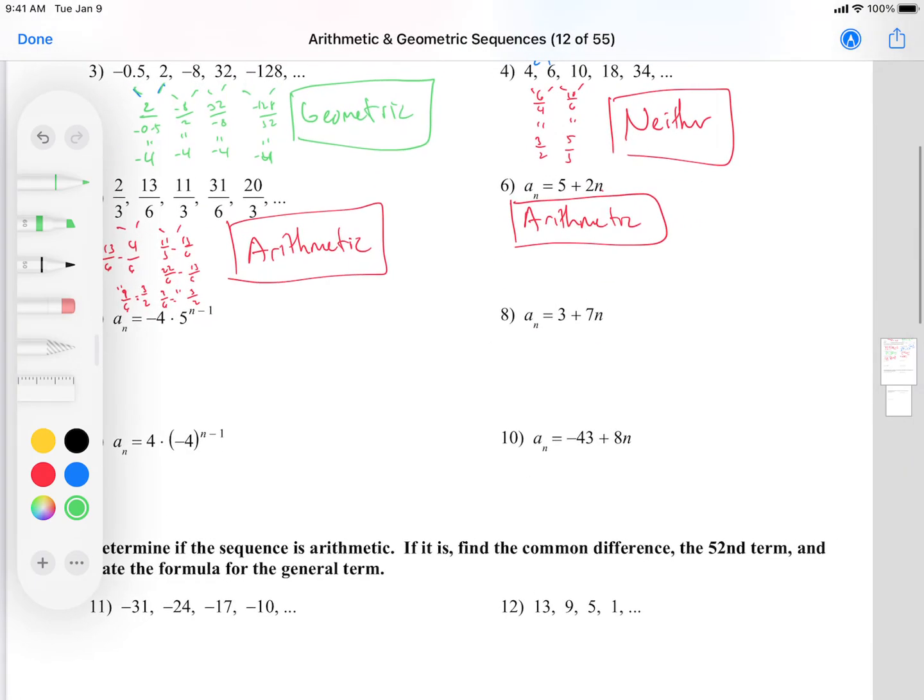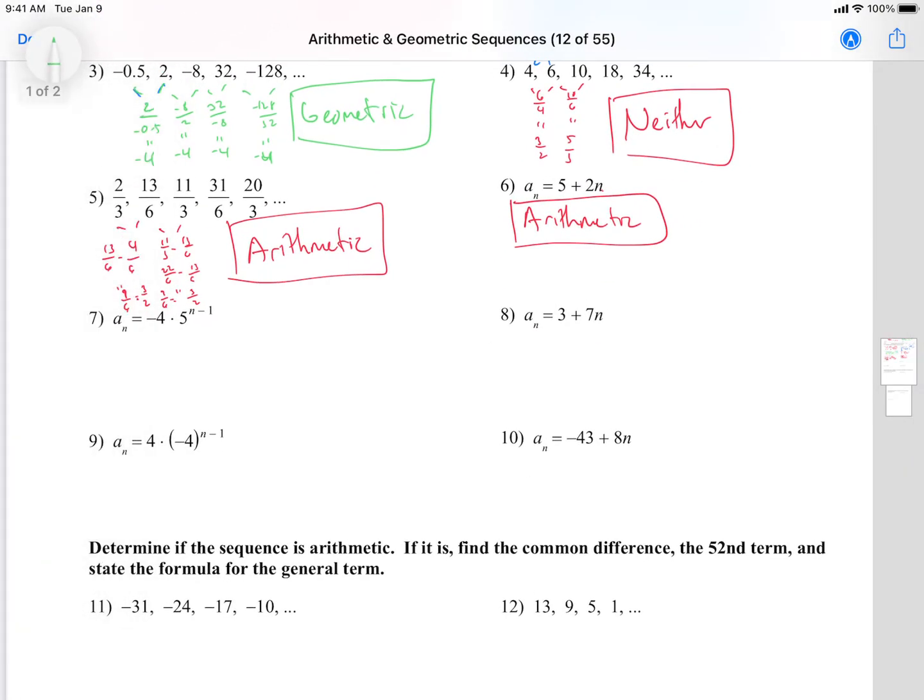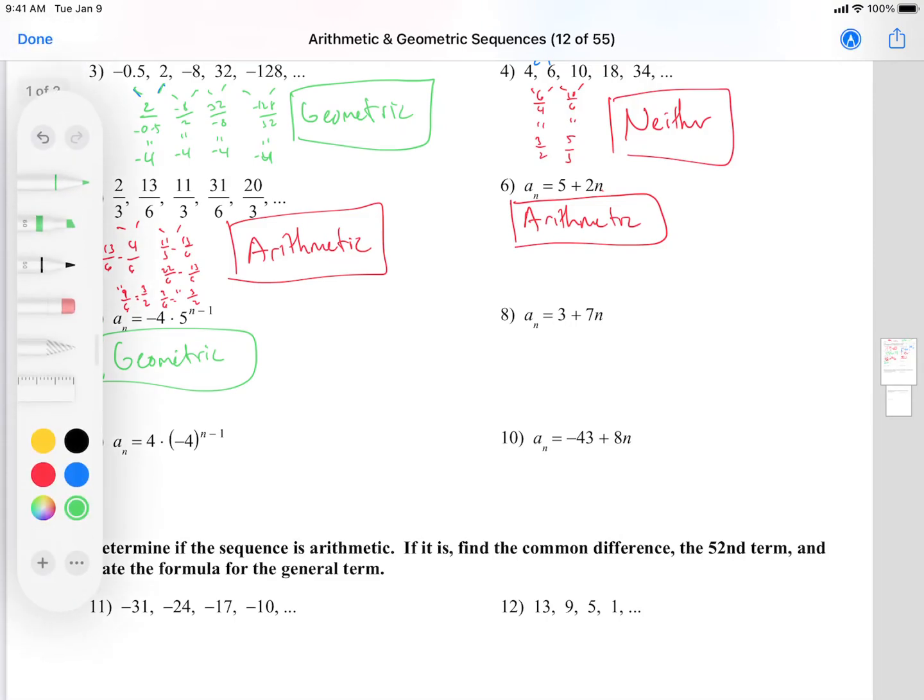So let's look at number 7. Number 7 is clearly, is it arithmetic or geometric? Geometric. Number 8 is arithmetic or geometric, guys?